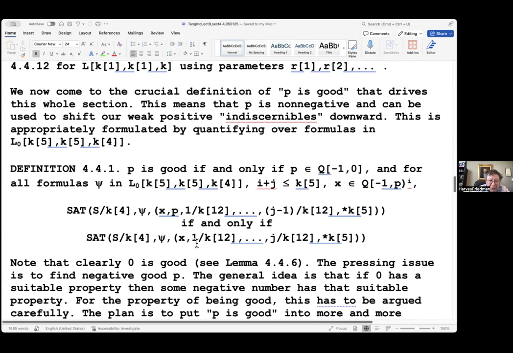You have to have a way of taking 1 over K12 and replacing it by a negative number P and moving everything over without changing the truth value. How do I do that?